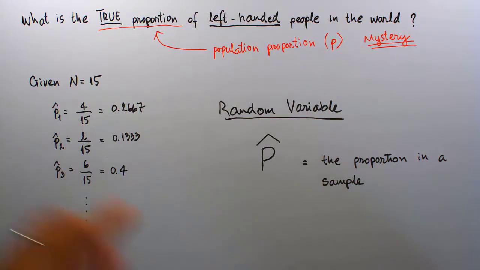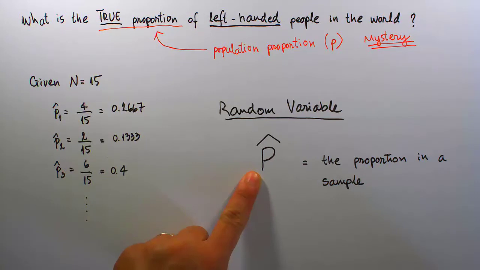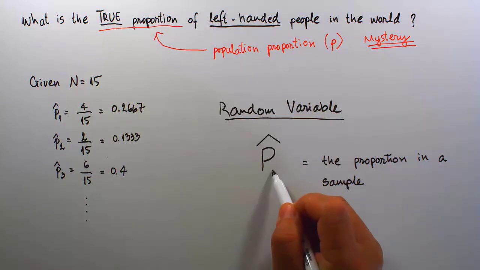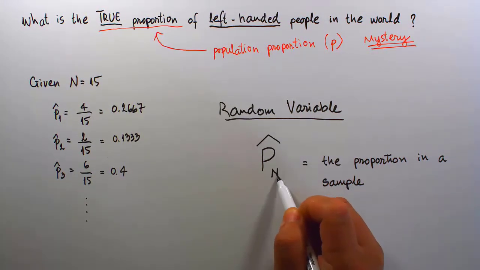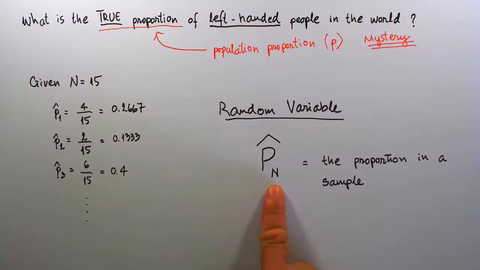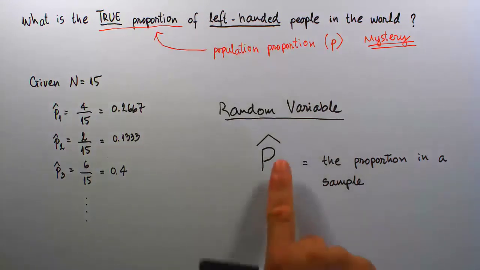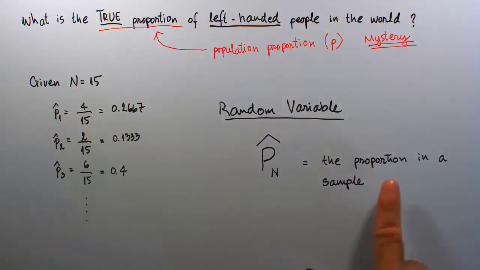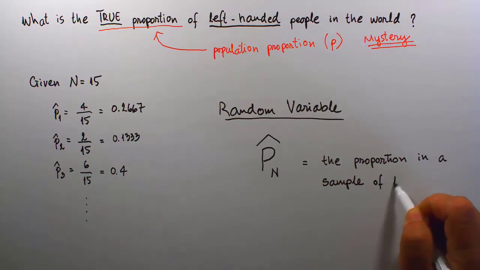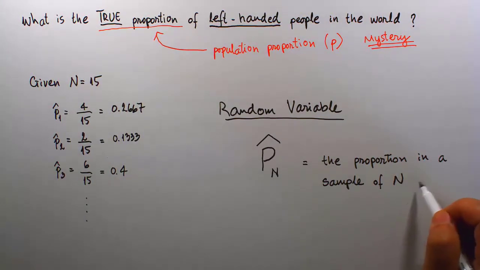But then specifically in my style, and I believe that I am the only one doing this, I'm going to introduce the sample size as a subscript. I am going to attach to my random variable the sample size n as a subscript to indicate that any value of this random variable is the proportion in a sample of n individuals.